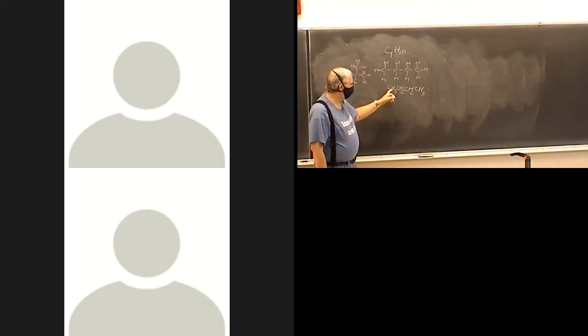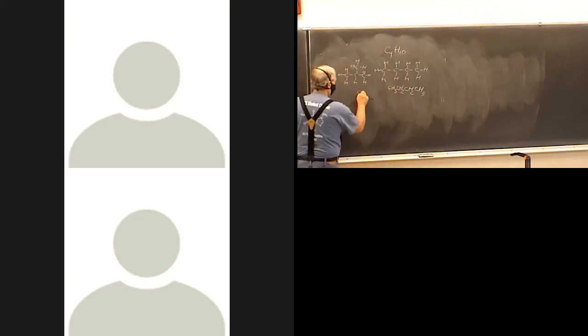Note that it's understood the hydrogens are not between the carbons. This represents that. And we can write this as a condensed molecular formula, and we still have all the structural information.